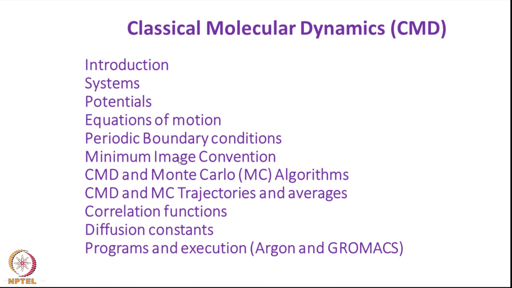Normally, we will be using classical equations of motion, which are Newton's laws or equivalent forms such as Lagrange equations, Hamilton's equations and so on. In classical molecular dynamics, a very important concept is periodic boundary conditions. The reason we use periodic boundary conditions is that the number of particles you can use in classical molecular dynamics is going to be limited to tens, hundreds, thousands or 10,000s.